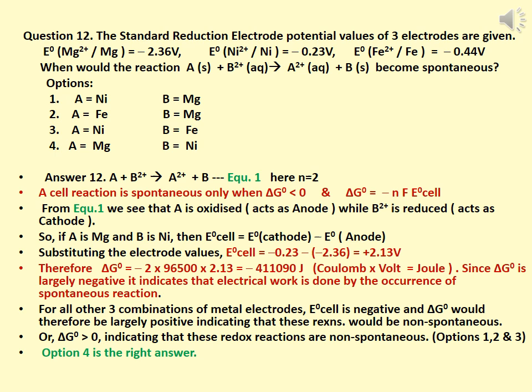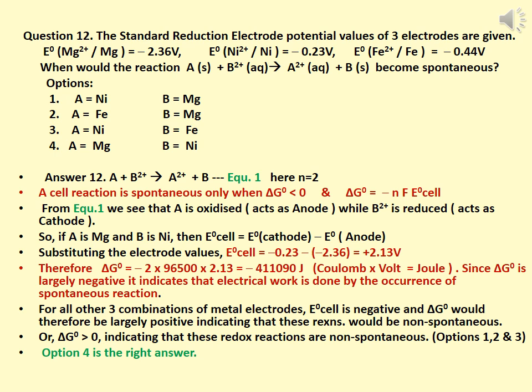So delta G naught is equal to minus 4,11,090 joules of work is done. Since delta G naught is largely negative, it indicates that the cell is able to perform electrical work due to occurrence of a spontaneous electrochemical reaction taking place in the cell.